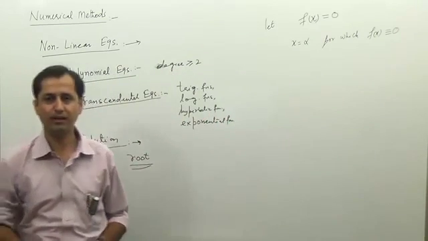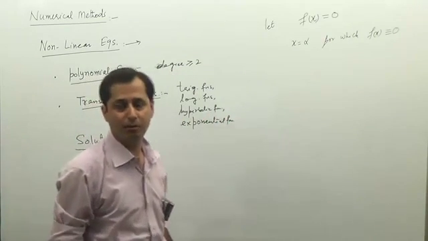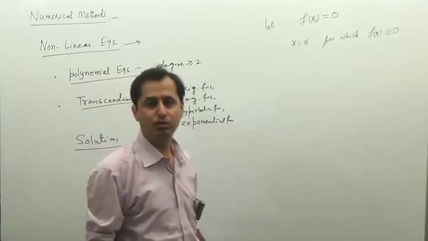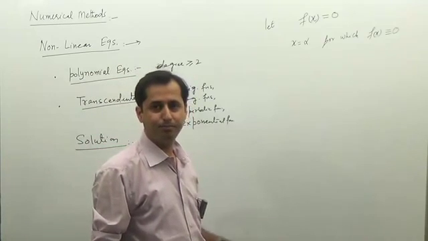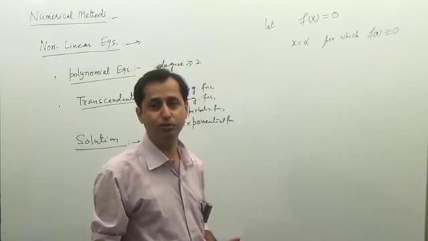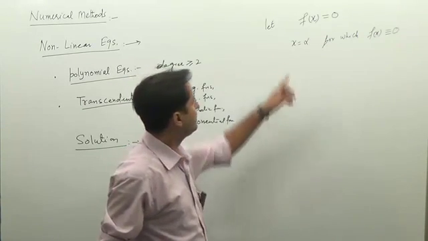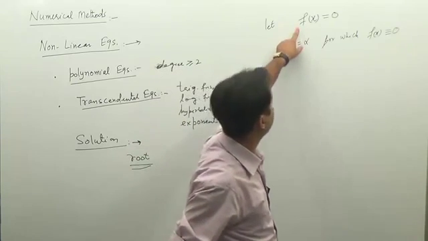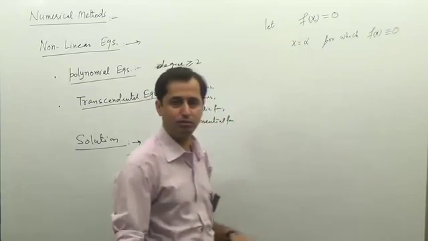Since I told you that here we are dealing with approximate kinds of solutions, f of x is nearly equal to 0. So x is equal to alpha is the root, or you can say the solution, of this equation.